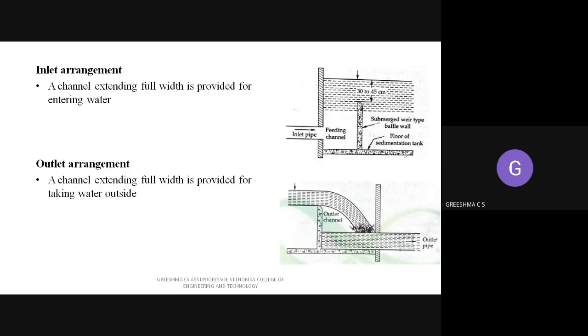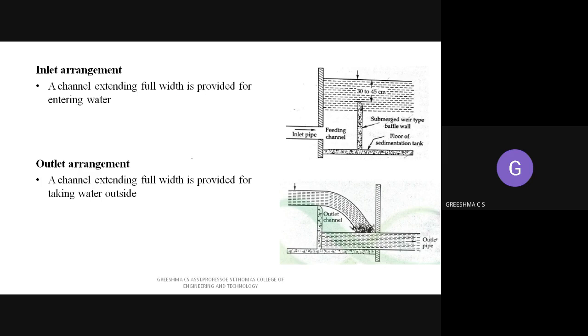The next important thing is the inlet and outlet arrangement. This is the inlet arrangement and this is the outlet arrangement. You can see the inlet pipe and outlet pipe. For the inlet, a channel extending the full width should be provided for the entering water.